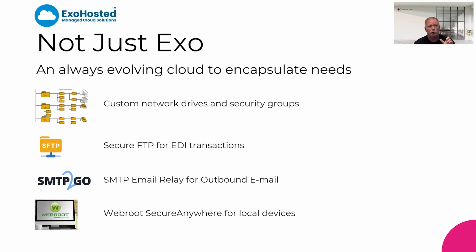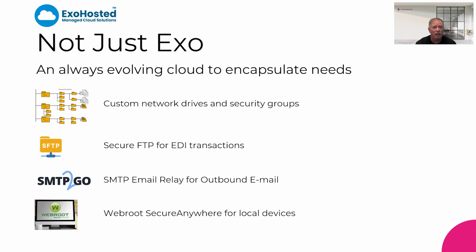As I mentioned, we also run a secure FTP server for those EDI transactions coming in and out. There are background services such as Flow, and another one that's just recently been installed that's doing EDI work as well. But we do have this sort of Dropbox for secure files to be dumped and then processed, or vice versa.